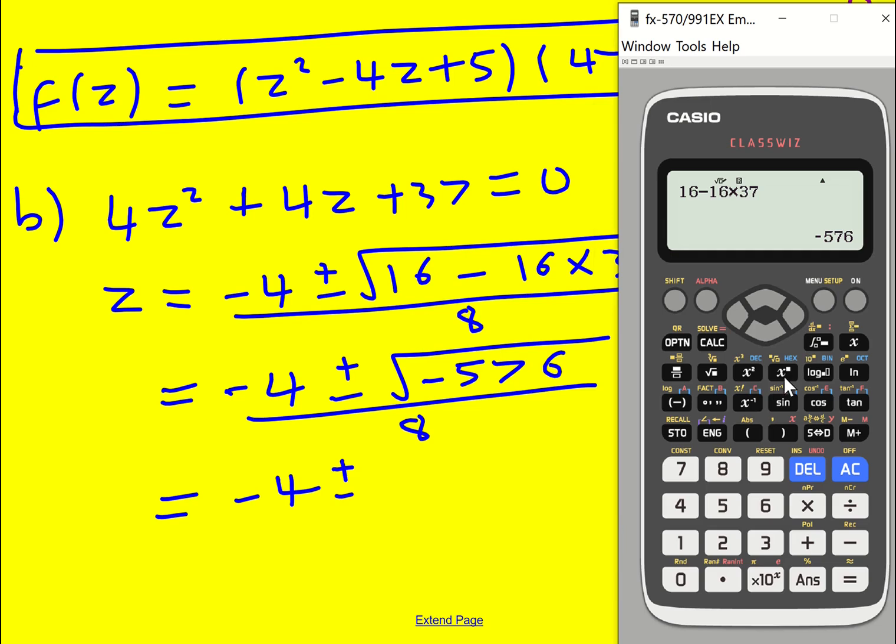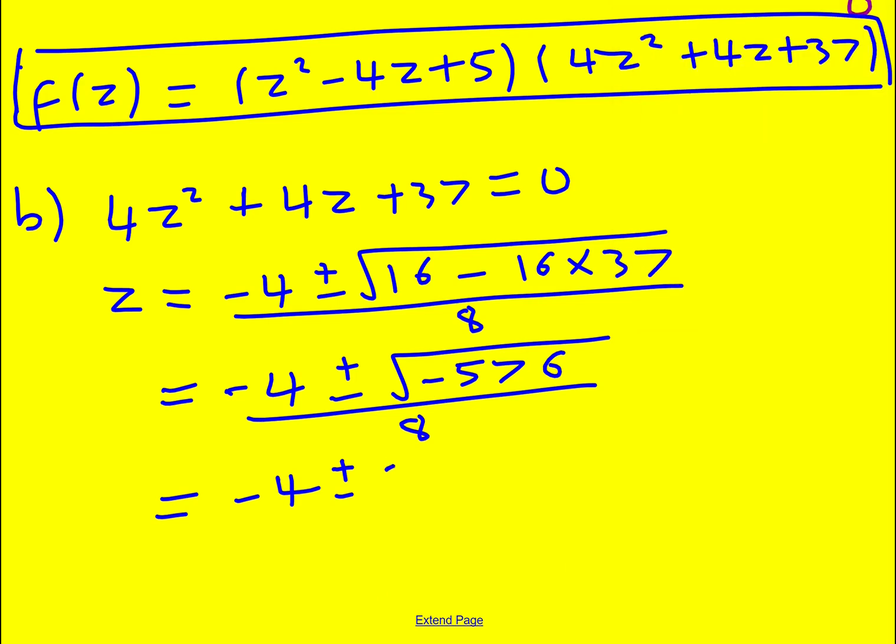Okay, and it's going to be the square root of 576i, so 24i. Which will give me minus a half plus or minus 3i.